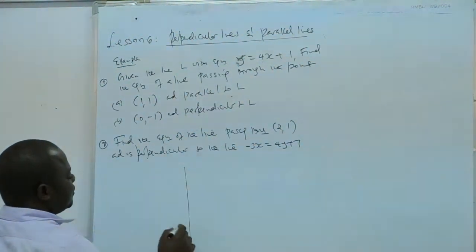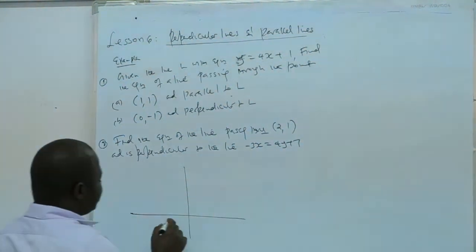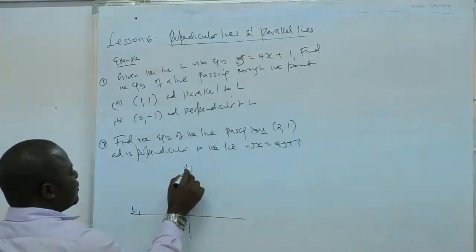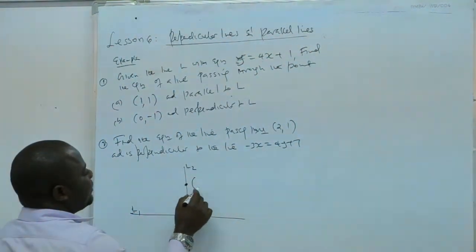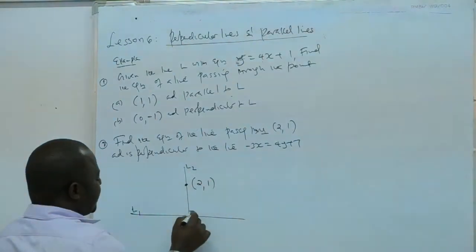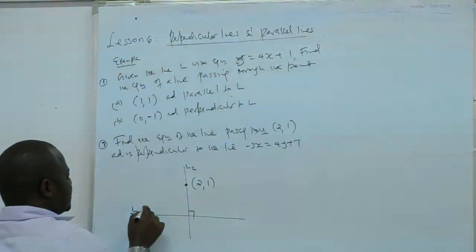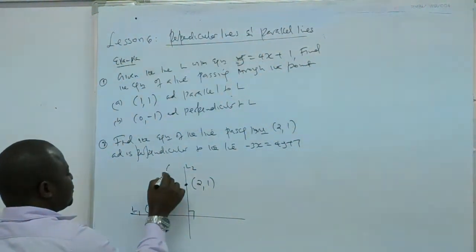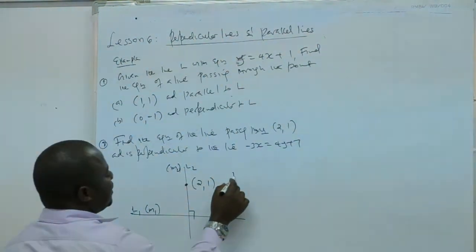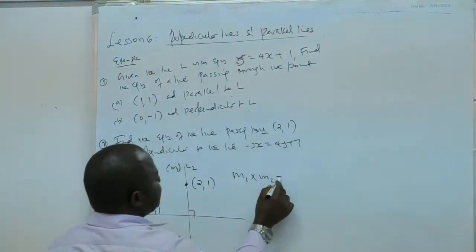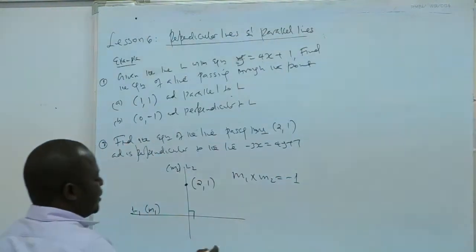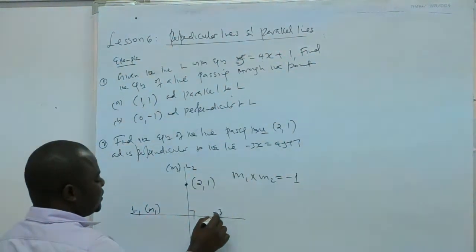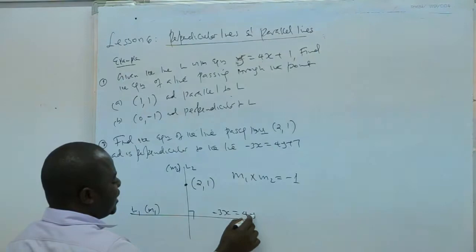So you draw this diagram, which sometimes simplifies work: line 1, line 2. So line 2 passes through the point (2, 1) and is perpendicular to this line. So that shows the gradient of this one relates to the gradient of this one. If they are perpendicular, m1 times m2 should give you negative what? 1. The equation of this line is negative 3x equals 4y plus 7.